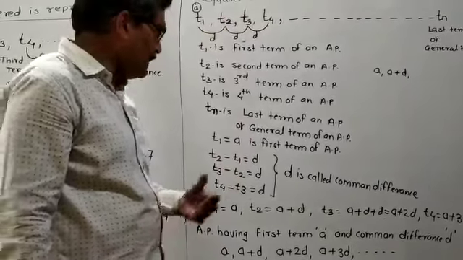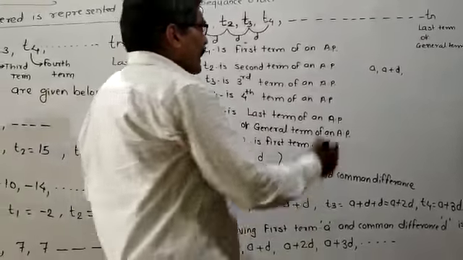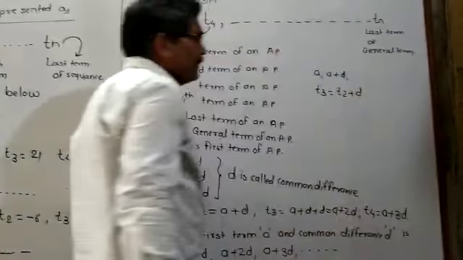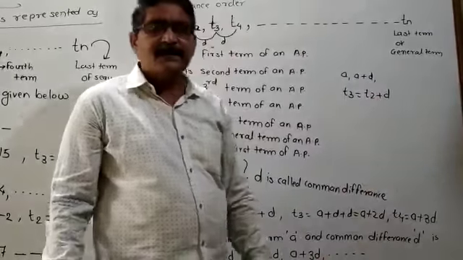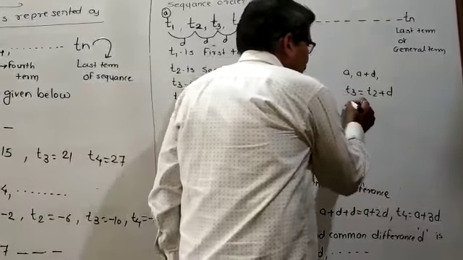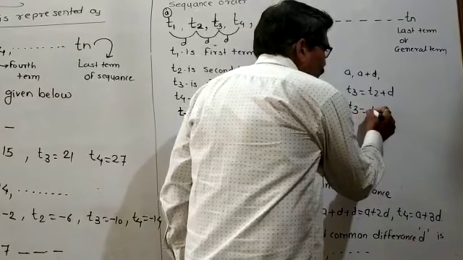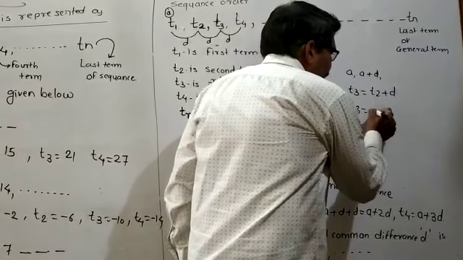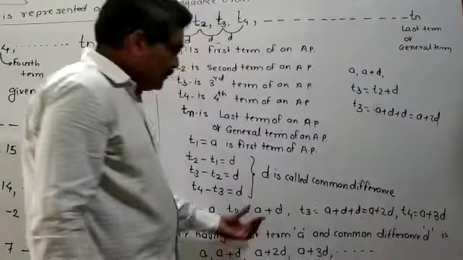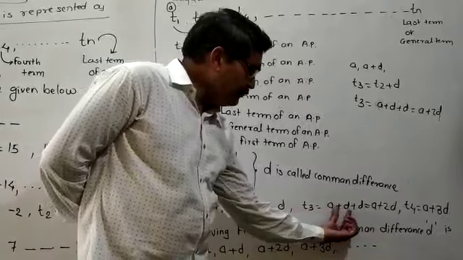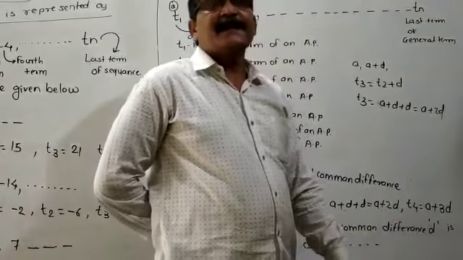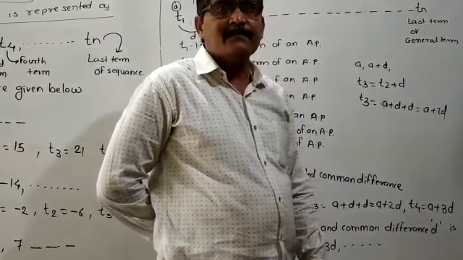A plus D plus D. Or you can write T3 is equal to T2 plus D. And how do you represent T2? T2 is A plus D, so T3 is equal to A plus D plus D, which is A plus 2D. T4, if you want to write it, what will come? A plus 3D will come.